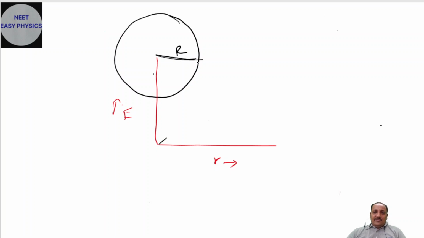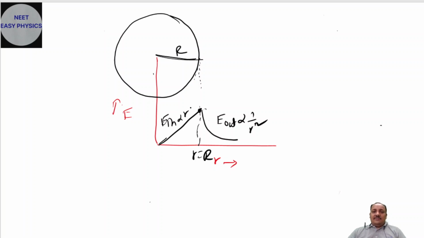On the surface, its value is going to be maximum when r is equal to capital R. Later it is going to decrease. Outside it is inversely proportional to r square, and inside it is directly proportional to r.